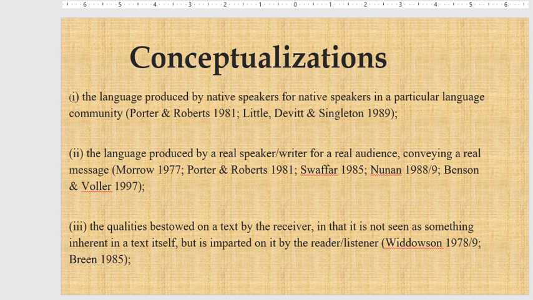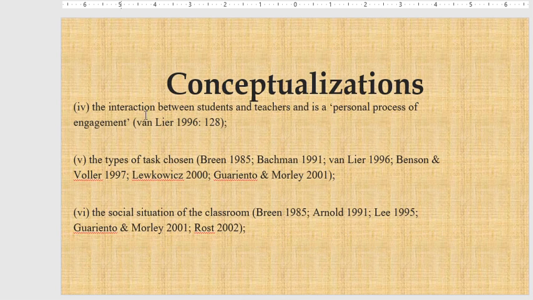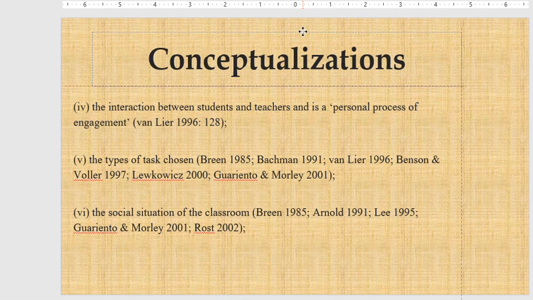Let's consider the other ideas. Okay, now the fourth idea about authenticity: the interaction between students and teachers is a personal process of engagement.